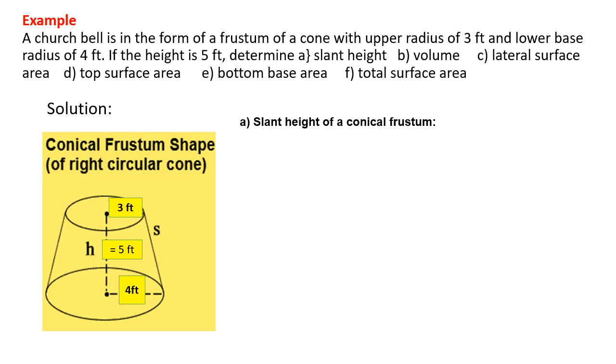We will take up an example. A water tank is in the form of a frustum of a cone with an upper radius of 3 feet and a lower base radius of 4 feet. So this one is 3 feet, 4 feet, and the height of 5 feet.